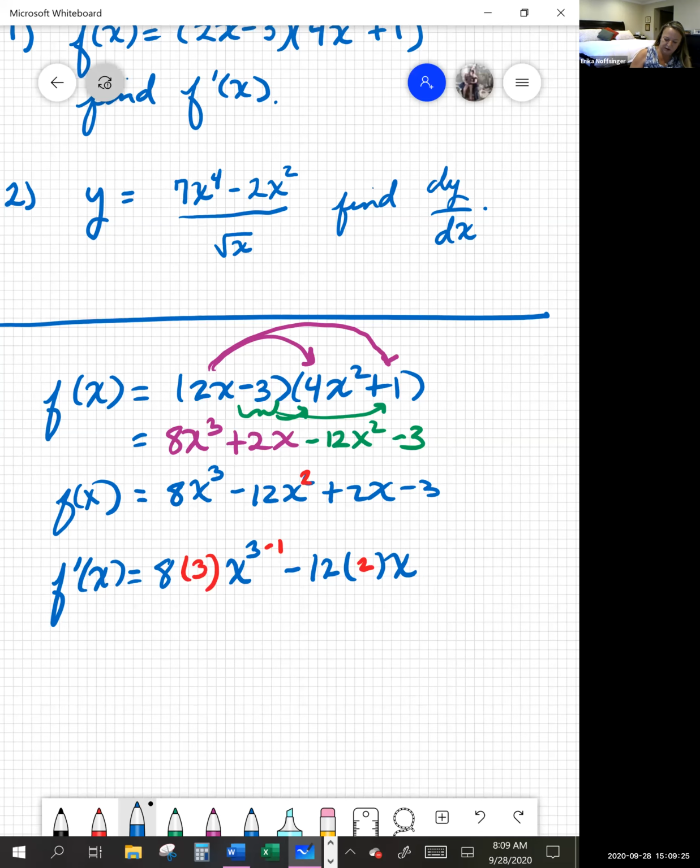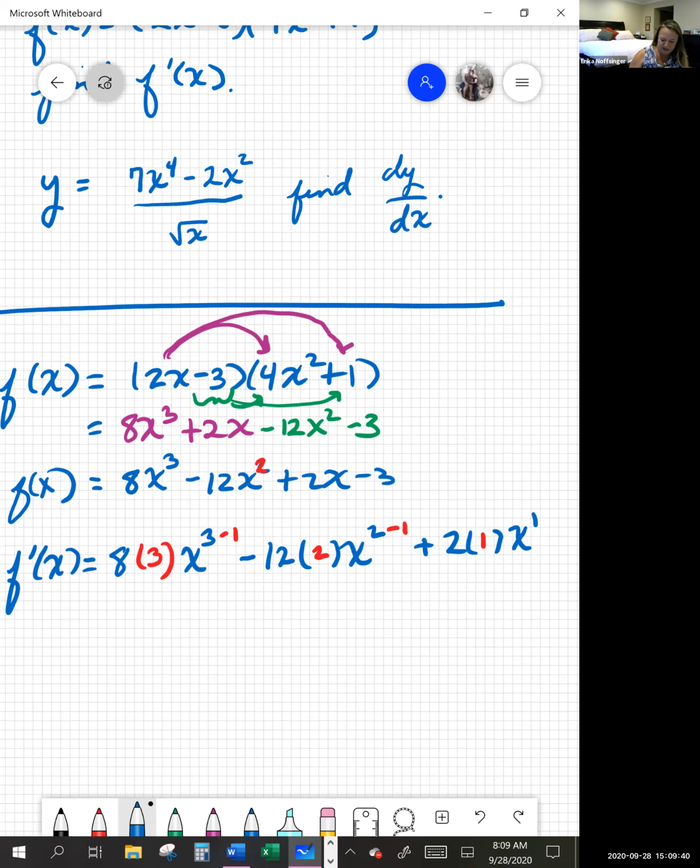So 2 minus 1. Plus, so we have that 2 there, bring our power down, which is 1. And if we subtract 1 from that exponent, we have x to the 1 minus 1 power. And then the derivative of a constant is 0.